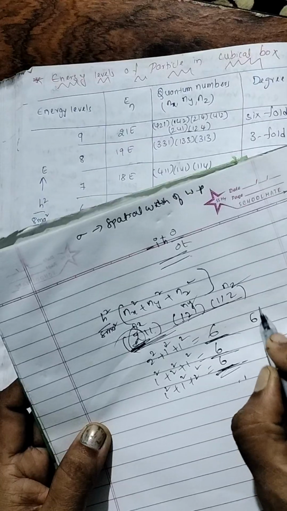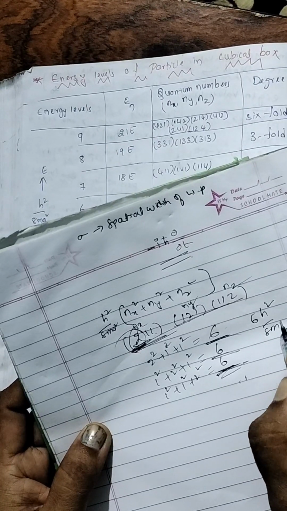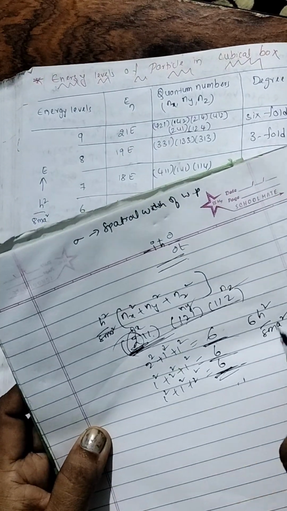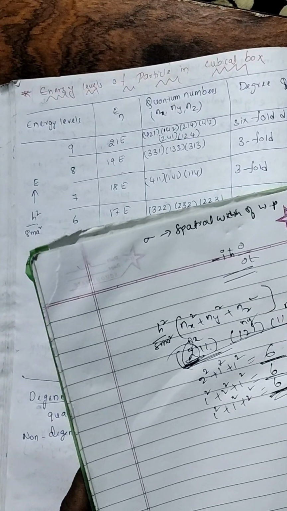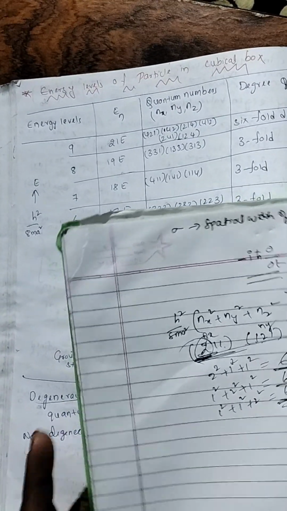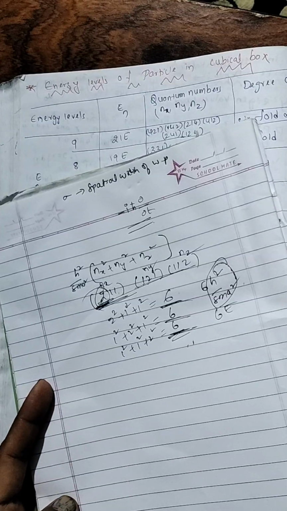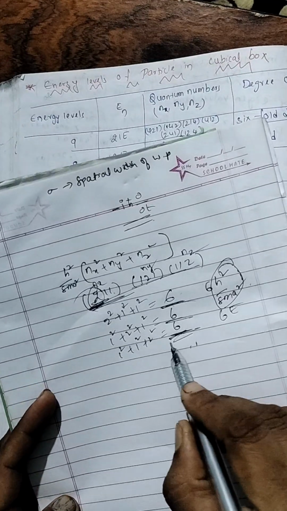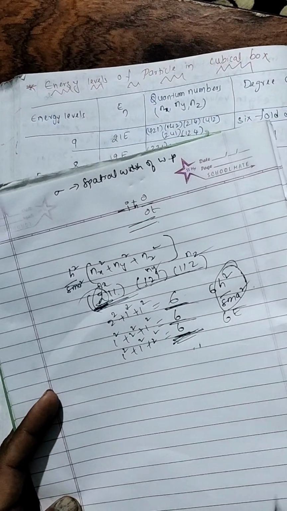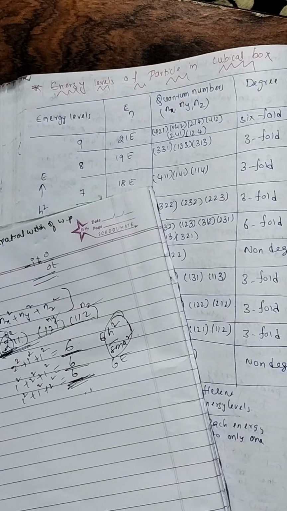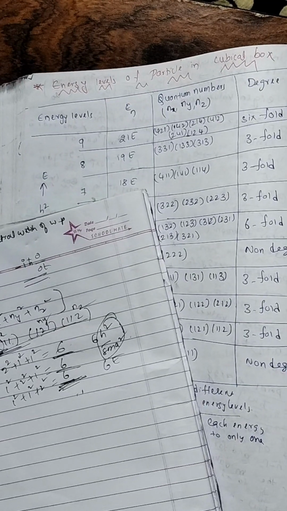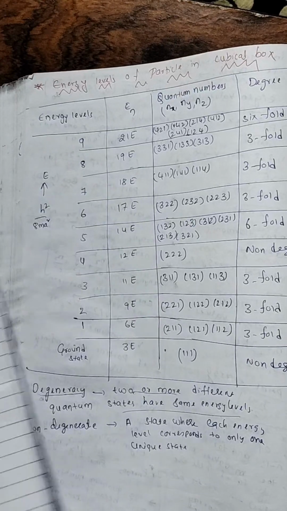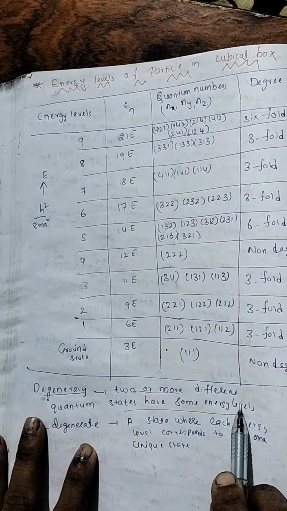So this is 6 h square by 8 ma square, or we can write 6E, since h square by 8 ma square is equivalent to E. This we call degeneracy. If we have two or more quantum states of different values, the energy levels will be the same.